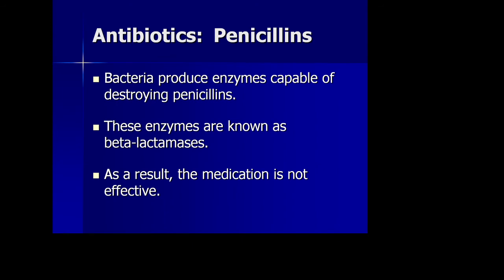The main drawback of penicillin is that bacteria produce enzymes which are capable of destroying penicillin. The enzyme is beta-lactamase. To reduce the resistance of bacteria, we prefer a combination of penicillin plus tazobactam, available in the market.